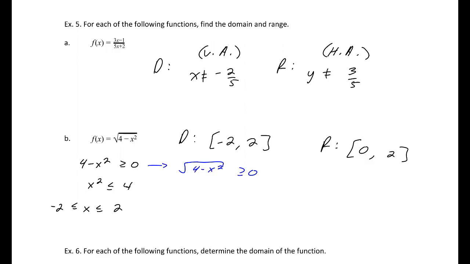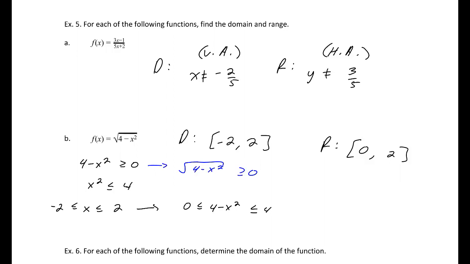And the way that I can say that is, okay, let me trace this back. I want to make sure this is really clear. So this tells us that 4 minus x squared is between 4 and 0.